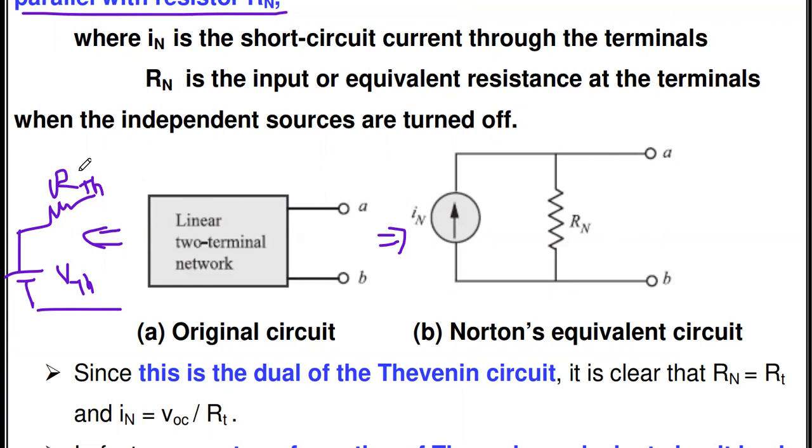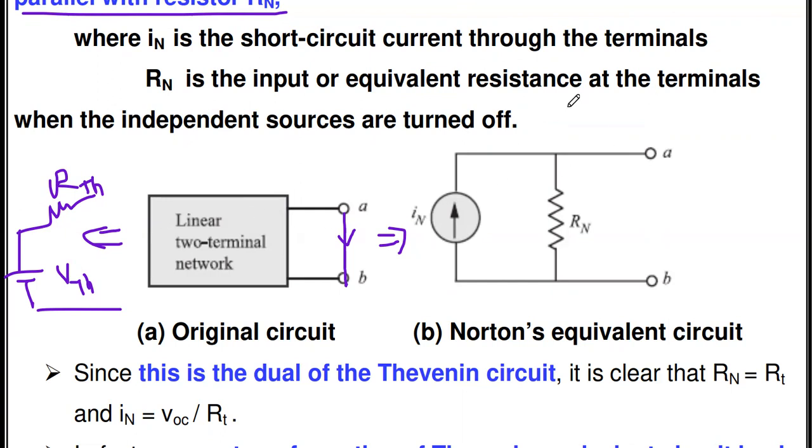The calculation of RTH and RN is the same, but the calculation of VTH and IN is different. VTH is the open circuited voltage between terminals A and B, but IN is the short circuited current flowing through terminals AB. The short circuited current flowing through terminals AB is called the Norton's current.